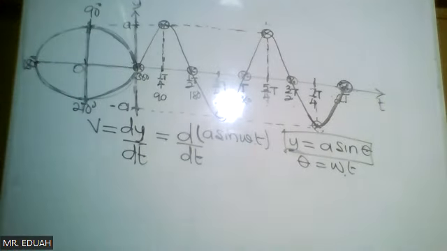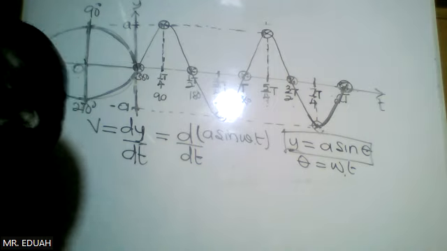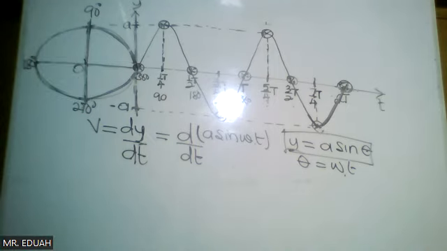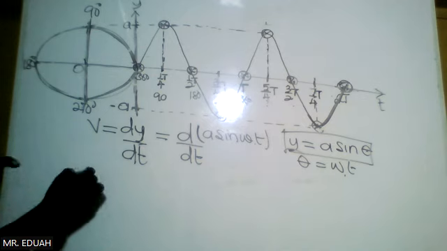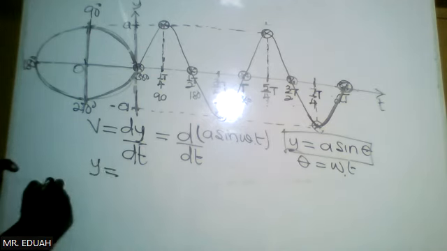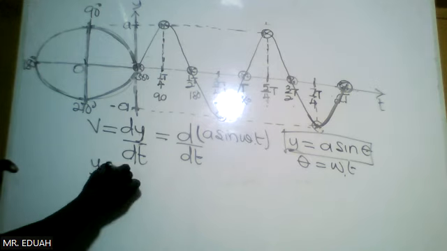Here we are looking at how displacement changes with time, and we know when displacement changes with time, it amounts to velocity. So if you have a function, and the function is related to another function by this.